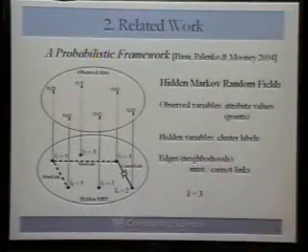I'm selecting just one of the best papers, in my opinion, here to briefly introduce some more concepts. Basu et al. proposed a probabilistic framework back in 2004, which is based on hidden Markov random fields, where the observed variables represent attribute values or data points. The hidden variables represent, again, the cluster labels, and edges or neighborhoods represent both must and cannot links.